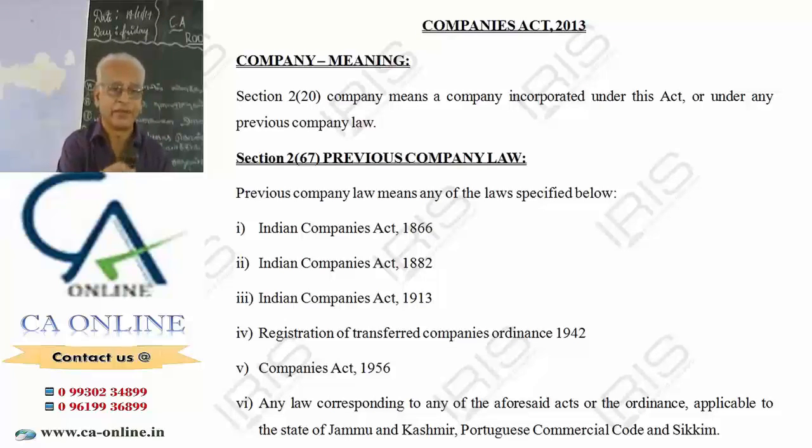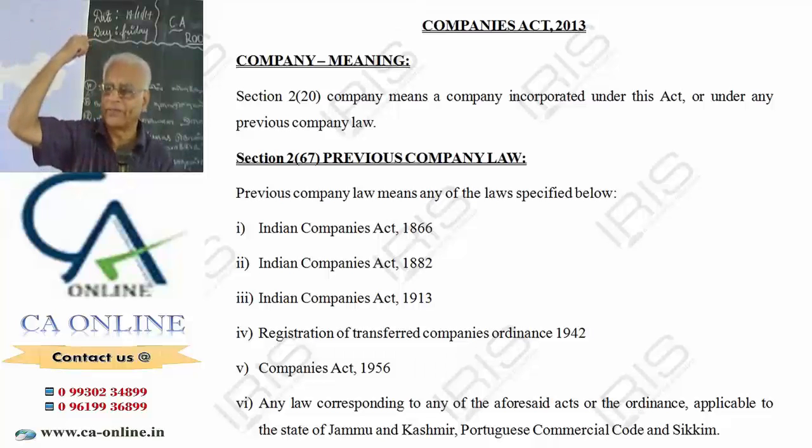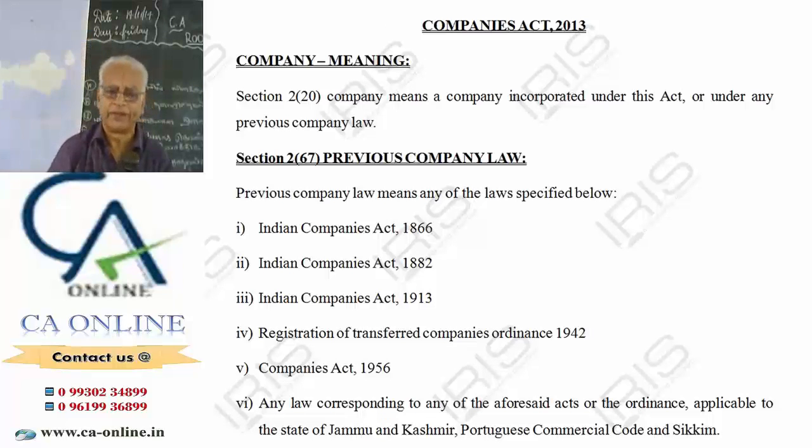The declaration says all the particulars given in the memorandum and articles are true and fair to the best of my knowledge and belief, and all requirements of the Companies Act for incorporation have been complied with. That is the declaration. The affidavit means I have not been guilty of any misconduct, I have not been prosecuted for any offence. That is the affidavit sworn before a notary.